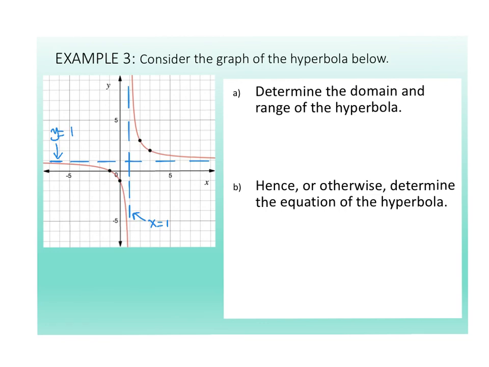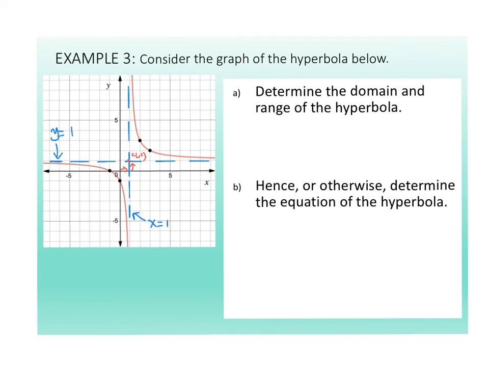Alright, which is telling me that the hyperbola has been moved across to the right by 1, or in the positive x direction by 1, and up by 1. So therefore, we can start looking at the domain and the range of this hyperbola. We know that this point here is (1, 1). All right?